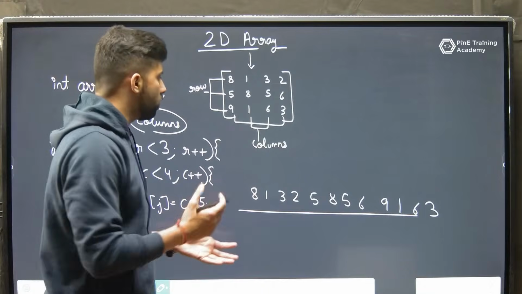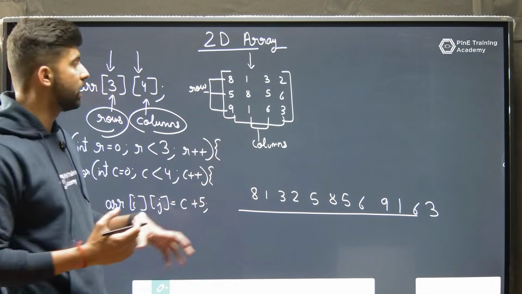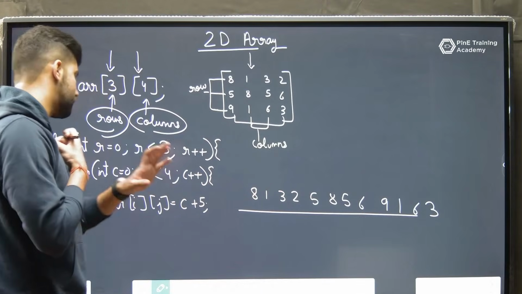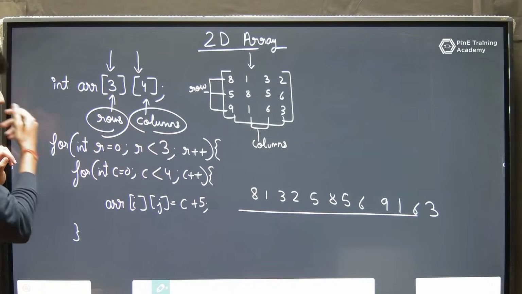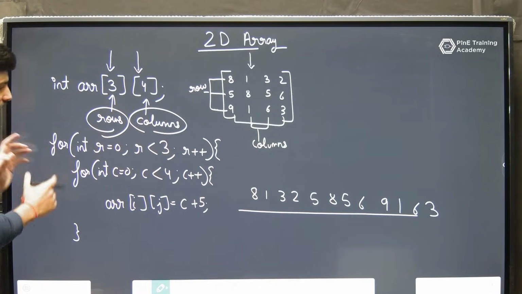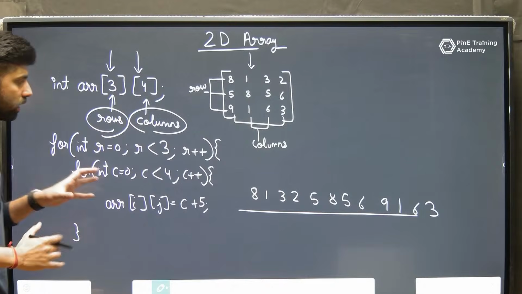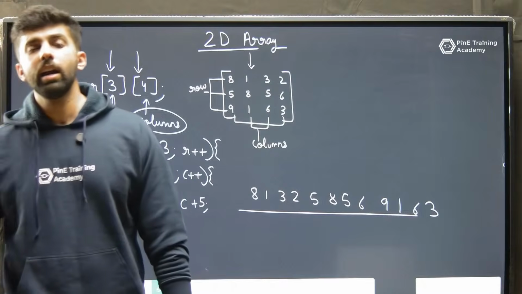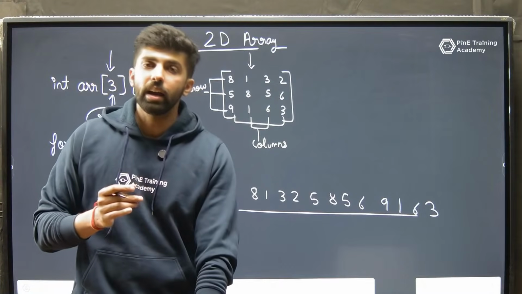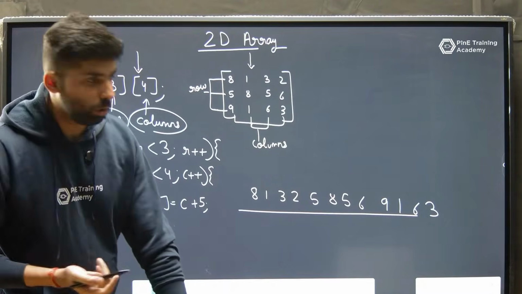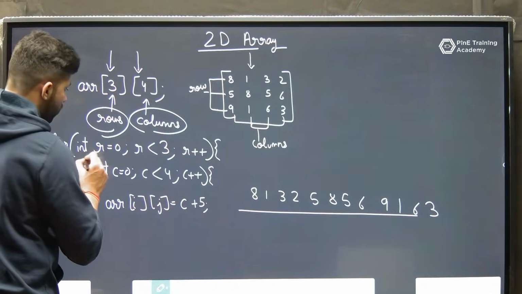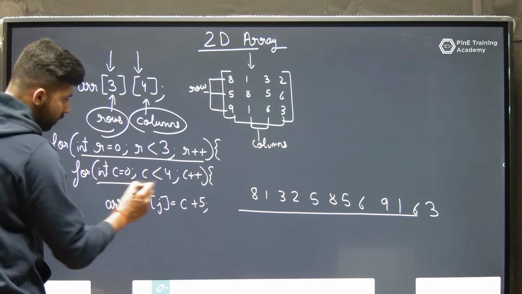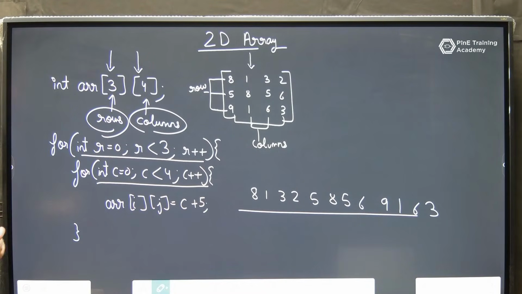Okay, if you want to know how computers access the elements in a 2D array, first let's see this particular part. Here I want to assign values in a 2D array. Remember that to travel in a 2D array, to print values in a 2D array, to access values in a 2D array, we always need nested loops. Okay, so the first loop is for rows, the second loop is for columns.